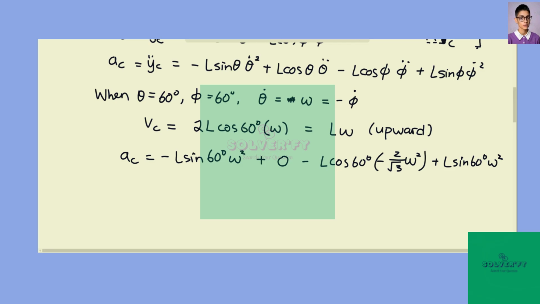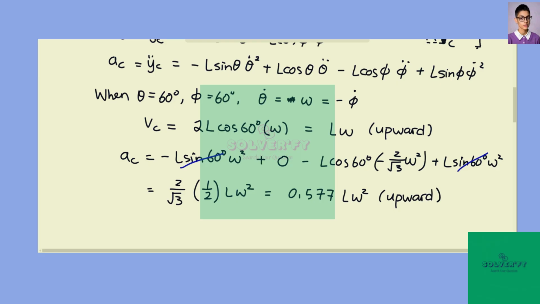You see that this term and this term cancel out. So we are left with 2 over root 3 times cosine 60, which is half, times L omega squared. This is 0.577 L omega squared, and the direction is upward as well, because it's positive.